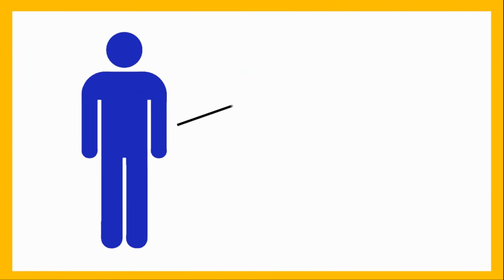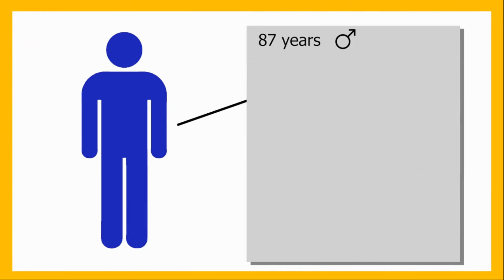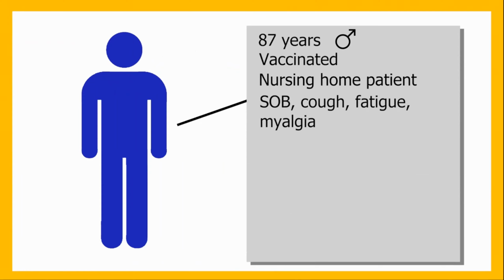Finally, let's look into the available case series that discuss rebound COVID-19 to learn more about patient experiences with COVID-19 after nirmatrelvir-ritonavir. The first case series describes two patient experiences. The first patient was an 87-year-old male who had been vaccinated against COVID-19, was diagnosed with COVID-19 at his nursing home with symptomatic shortness of breath, cough, fatigue, and myalgia.